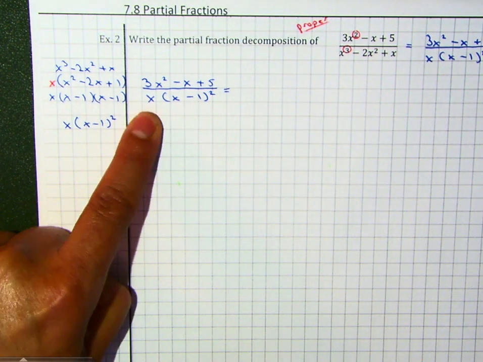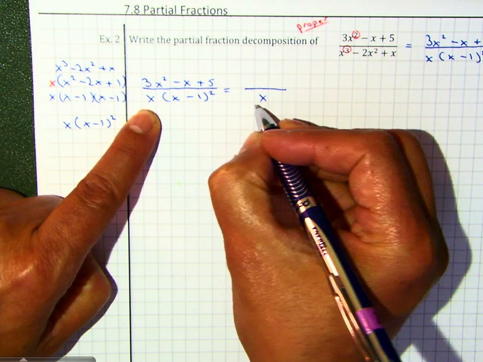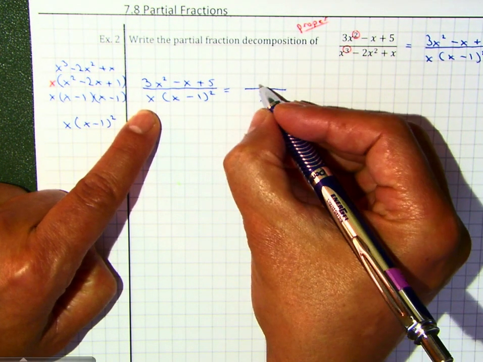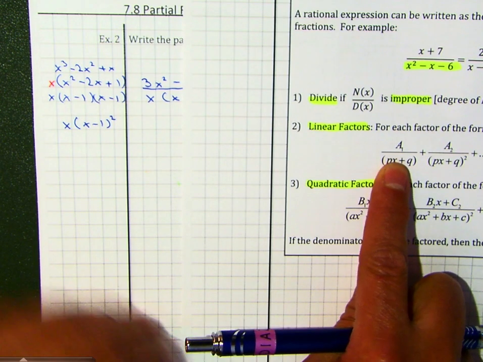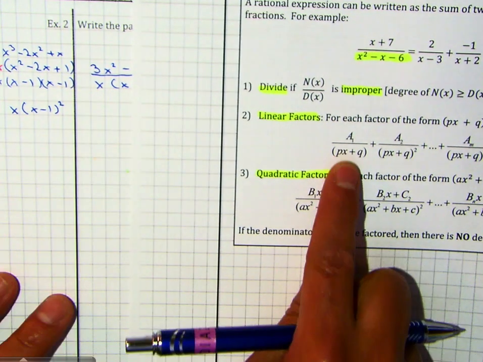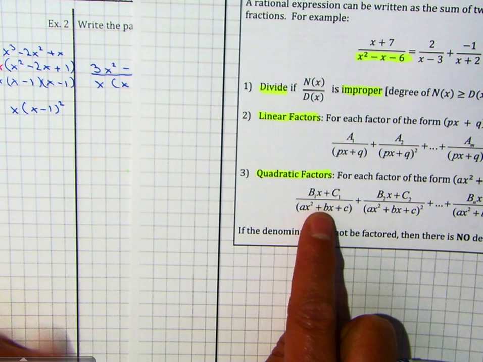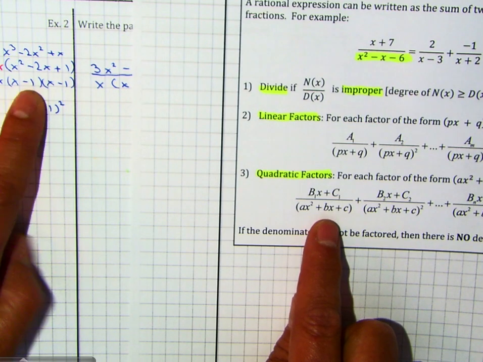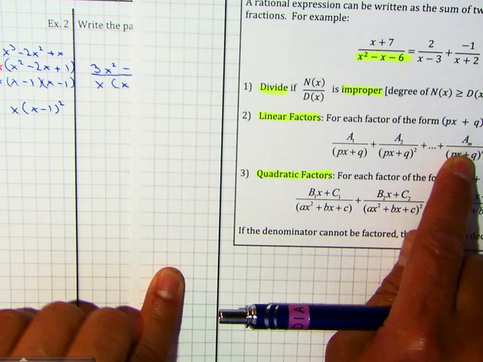I'm going to start with my first factor, x. It's a linear factor, so it gets only one letter. Remember that we've only done linear factors so far. If it's a linear factor, we are just going to use one letter. If it's a quadratic factor, we are going to use 2 letters. So right now, this is a linear factor, that's a linear factor, that's a linear factor, so we're only working with one letter on the numerator.